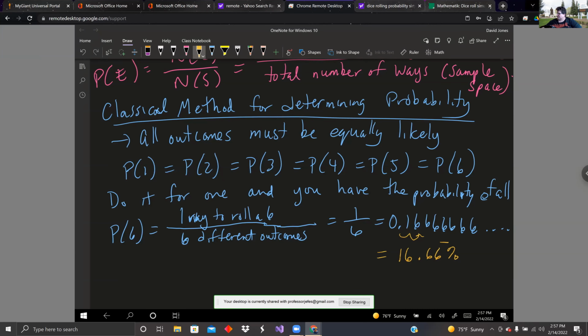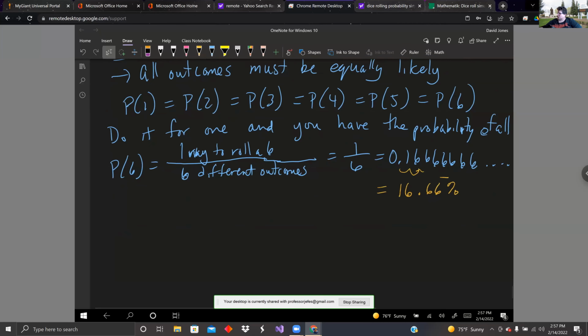We can look at the probability of doing any in a deck of cards. It has 4 suits. Remember, hearts, diamonds, clubs, and spades.